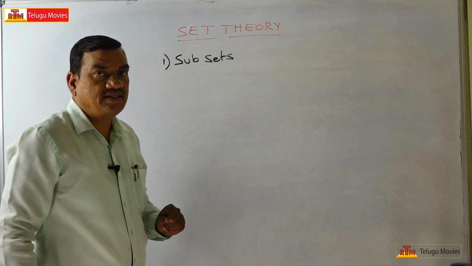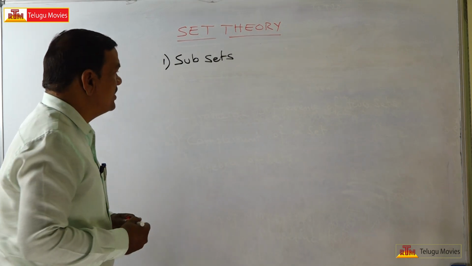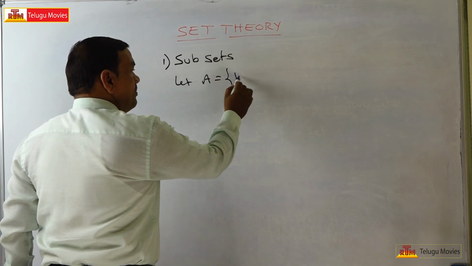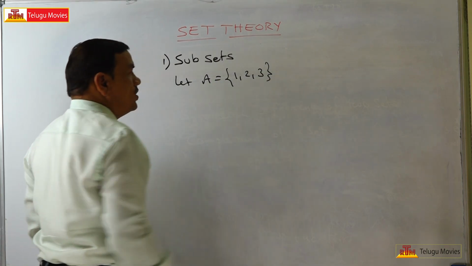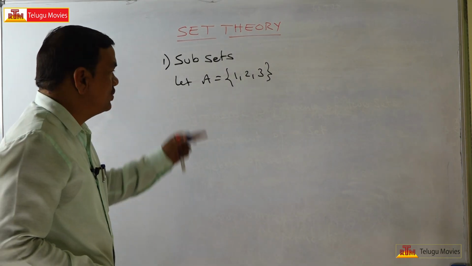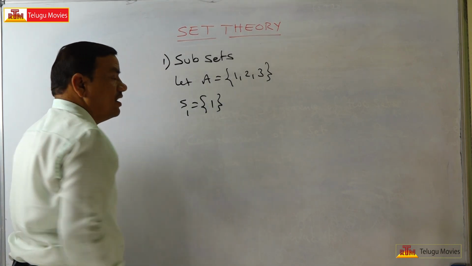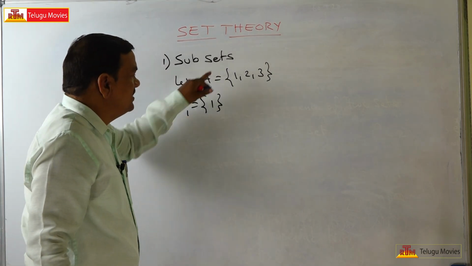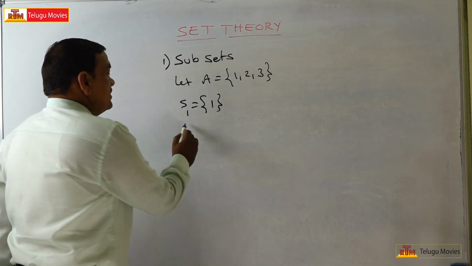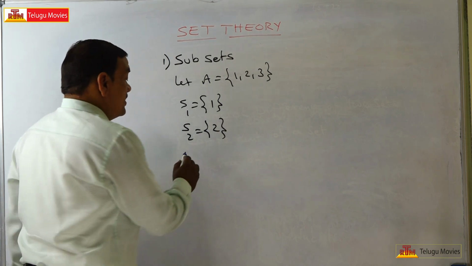Now let us see what a subset of a set is. Let us take one example. Let A be the set {1, 2, 3}. Now let us write all the subsets of this set. S1 is equal to the set containing element 1, that is {1} is a subset of {1, 2, 3}. Second one is {2}.